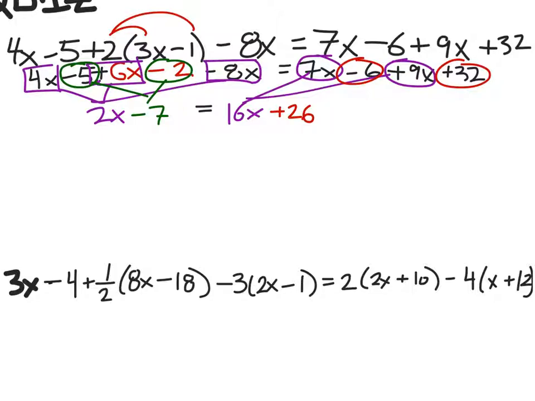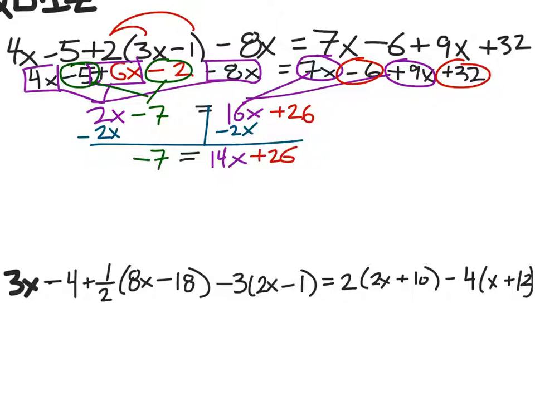Then I've got to determine which side I want the x's on. I have chosen the right. Therefore, I will subtract 2x from both sides of the equal sign. So now I got negative 7 equals 14x plus the 26. Well, I don't want any x's with that plus 26, so I got to get rid of it by subtracting 26 from both sides.